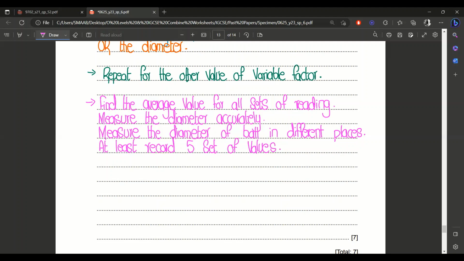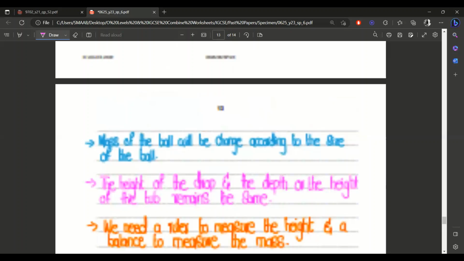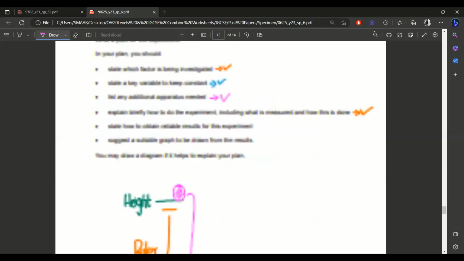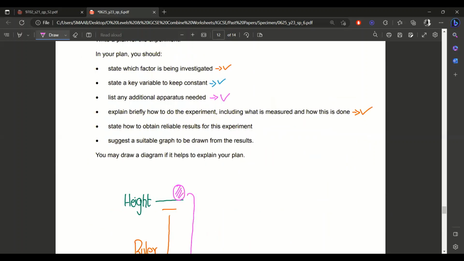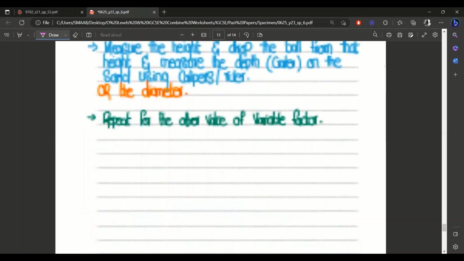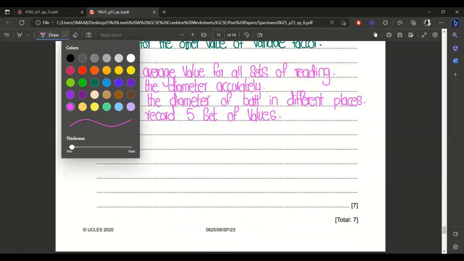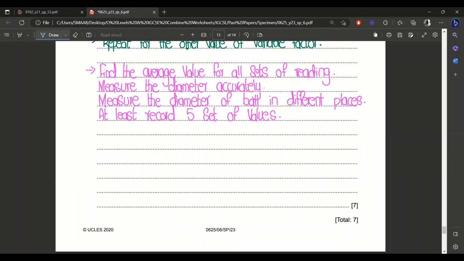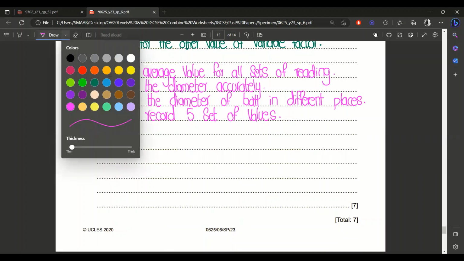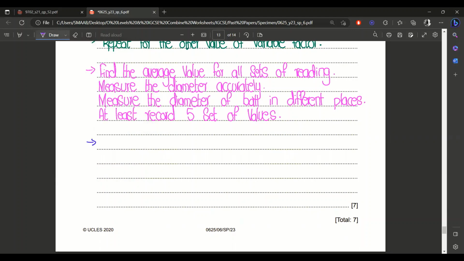And they again ask about one more important thing that is related to the graph, right? So last but not the least, we have to tell about the graphical representation. Okay, which color will be good? Okay, taking the blue color for the graph.